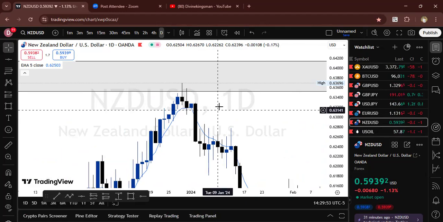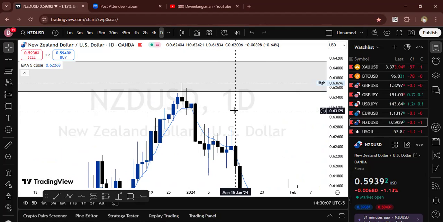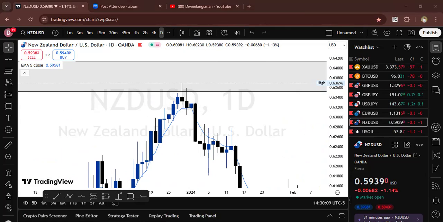I talked about morning star, evening star, gravestone, dragonfly. I think I talked about two more candlesticks, but I can't remember. Let me check that out very quick.